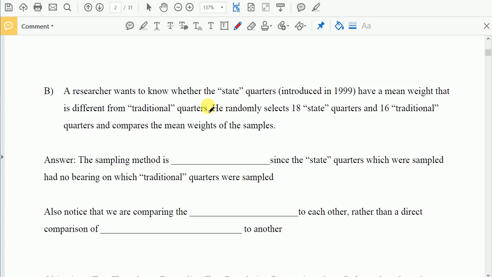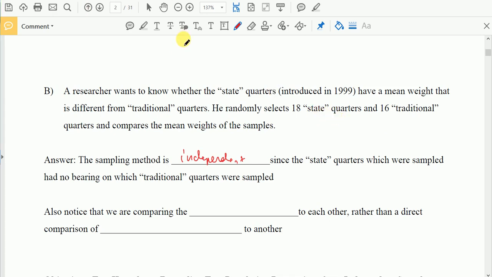In this case, they are independent, because the state quarters which were sampled had no bearing on which traditional quarters were sampled, right? You just randomly take 18 state quarters, and then you take another 16 traditional quarters, and that won't depend on which state quarters you chose.